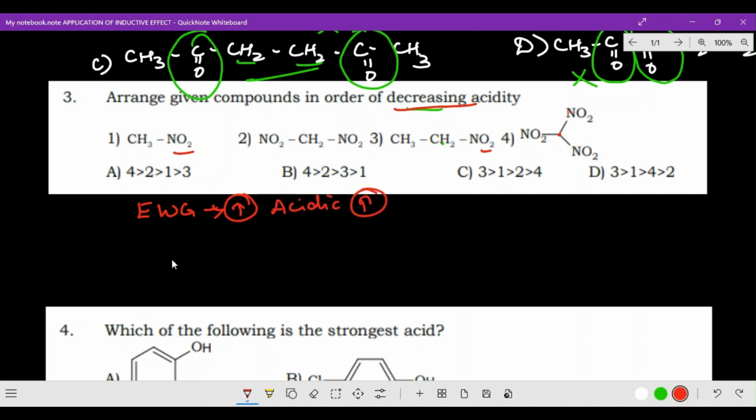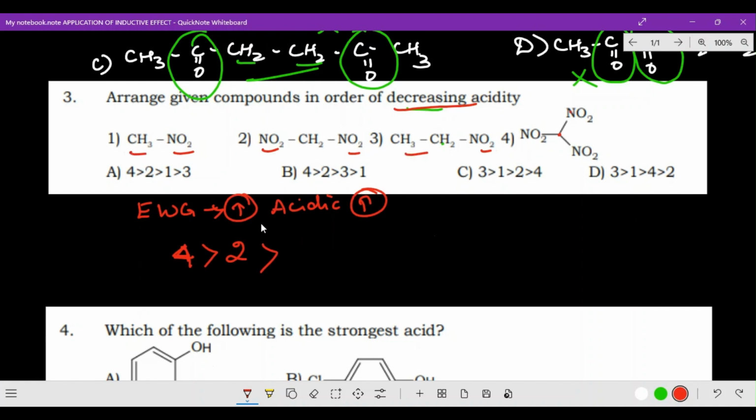So in that way, the fourth one is greatest, because they mentioned decreasing order. Then the second one, where two nitro groups are available. Next, the methyl group and the ethyl group.